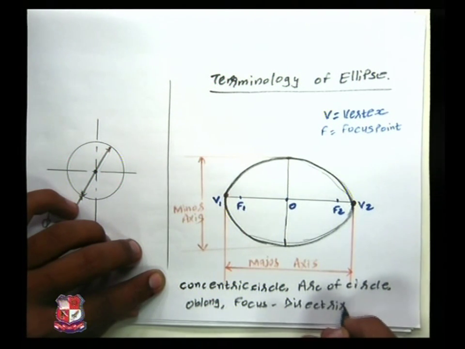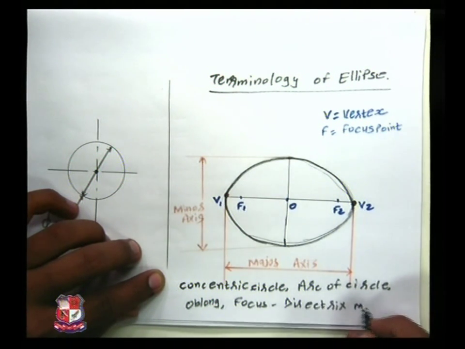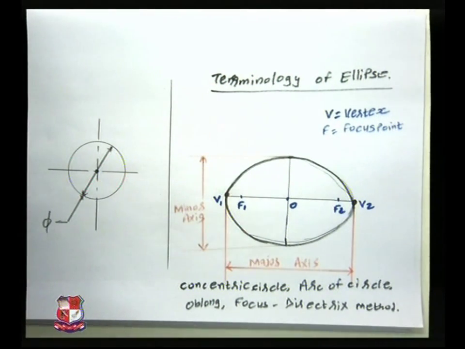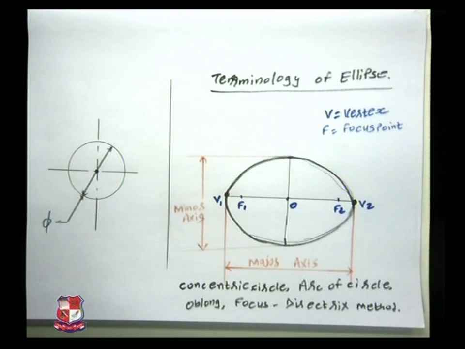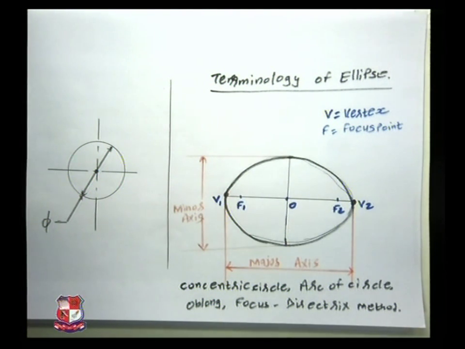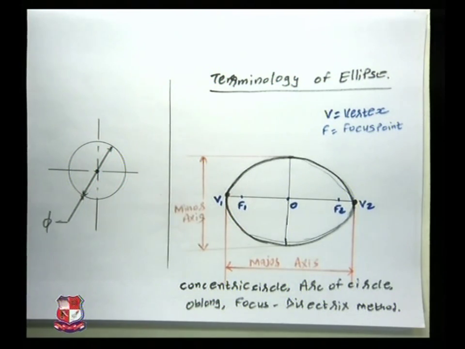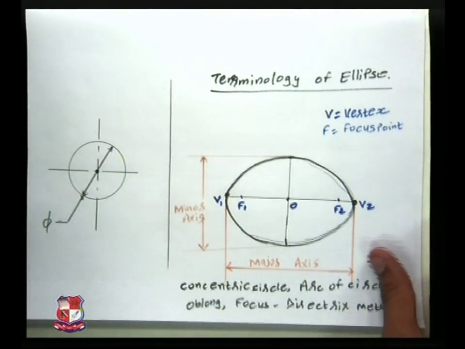Using these four methods, we can draw our ellipse. So this is the terminology for the ellipse. In the next part of the video, we will see how we can draw the ellipse thoroughly using the arc of circle method.